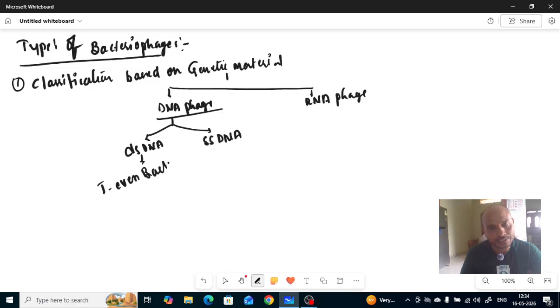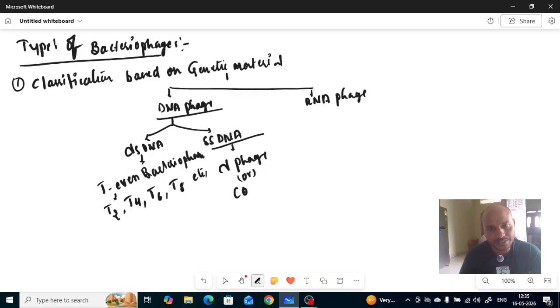T even bacteriophages include T2, T4, T6, T8, etc. Coming to single stranded DNA bacteriophages, a very important example is lambda phage, also called coliphage, which contains single stranded DNA as its genetic material.